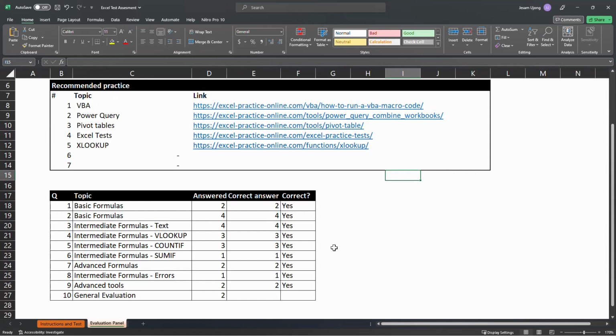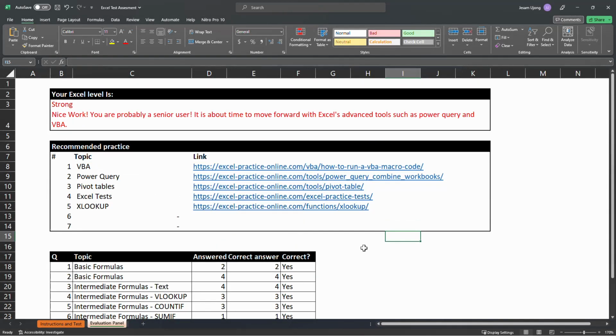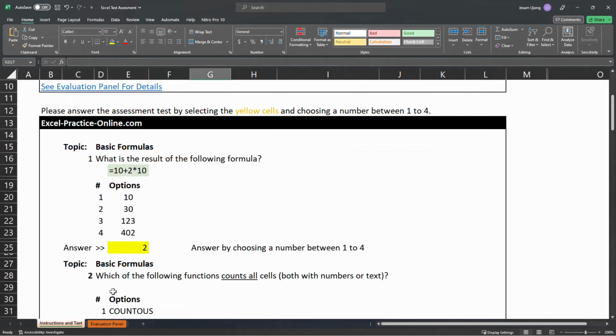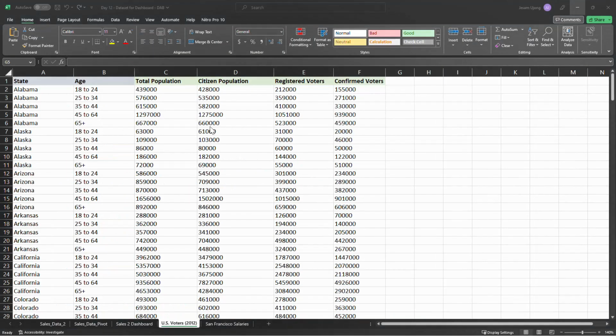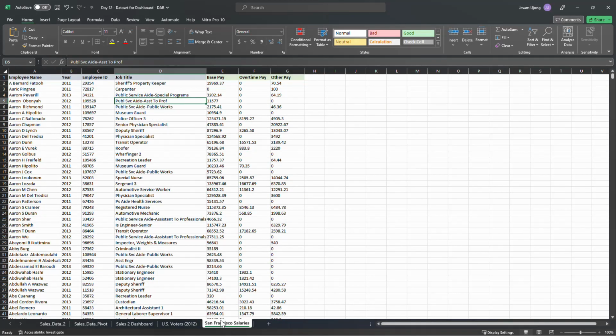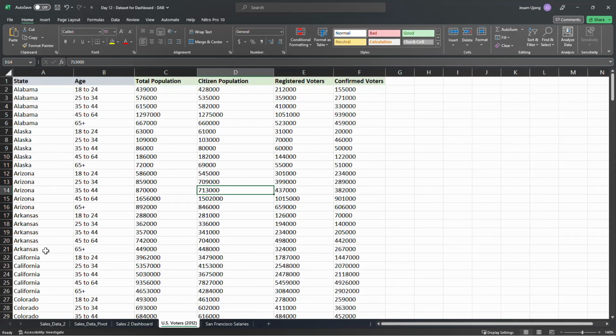We still have a lot of things to do today. Like today we are doing a whole lot. So good job again. We are done with this. Now, I'm sure we still have the data from last class. So we have the US voters, and we have the San Francisco salaries to deal with, right?